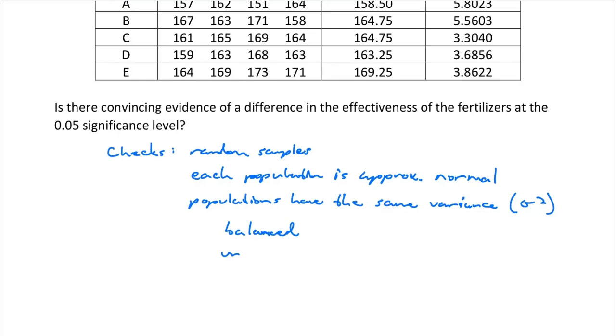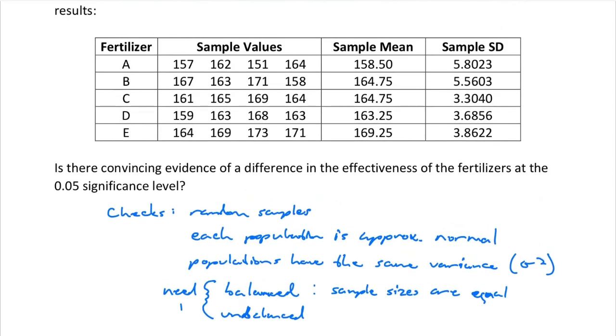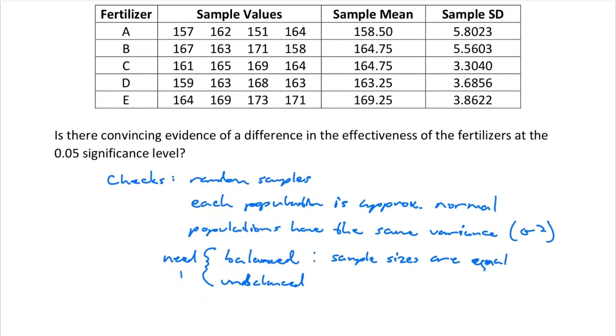Of these 2, you need one of them. Balanced simply means that your sample sizes are equal. That's our case. If we look at our sample sizes, all of them are 4. They're all equal. We have a balanced situation.